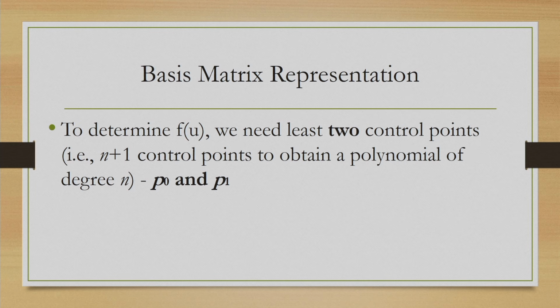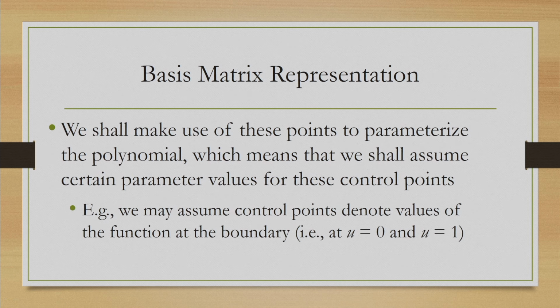Now, since this is a polynomial of degree 1, we need at least two control points to determine f. Let us denote those two by p0 and p1. Now, these points we will use to parameterize the polynomial.